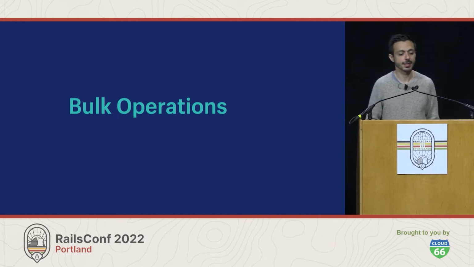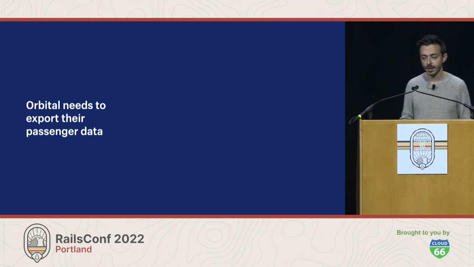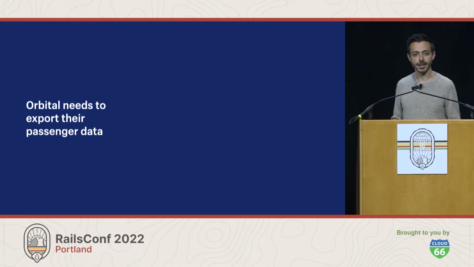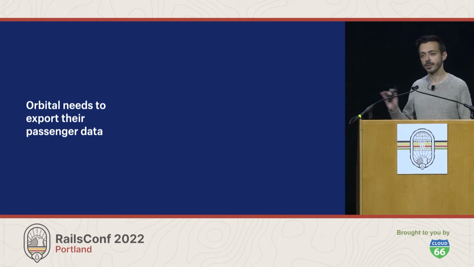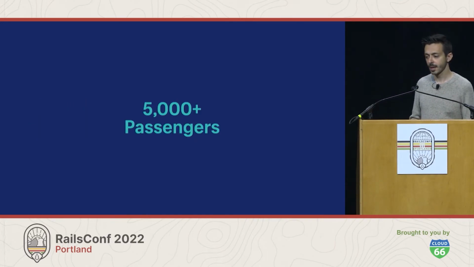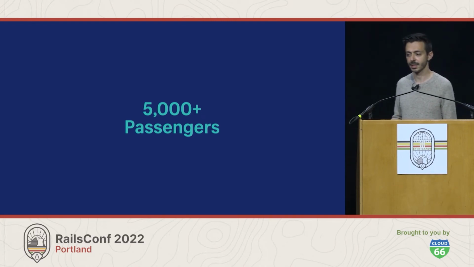Another nice use case here: bulk operations. Orbital now has a new requirement. They need to export all their passenger data to synchronize with some external systems. And they have 5,000 passengers, 5,000 customers, and this number grows every day.